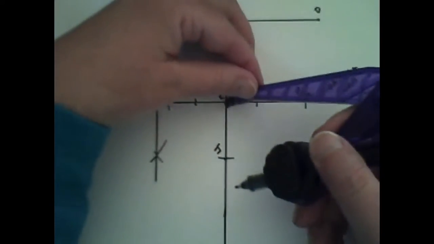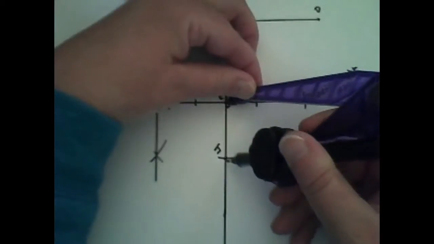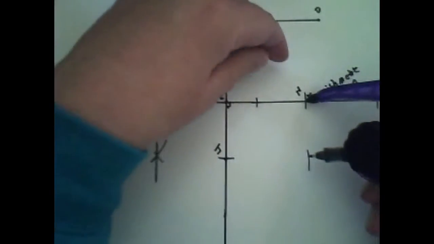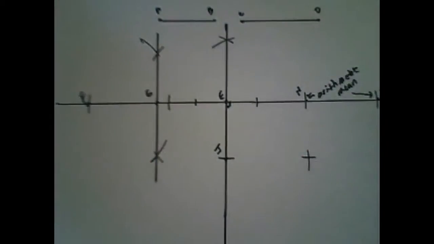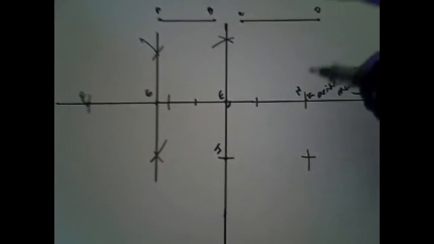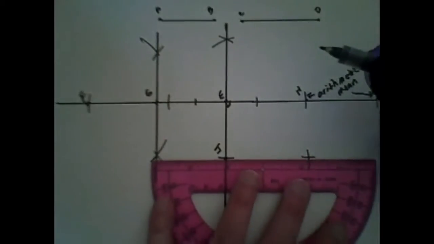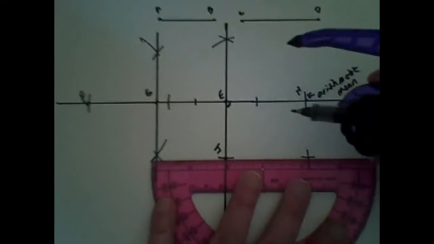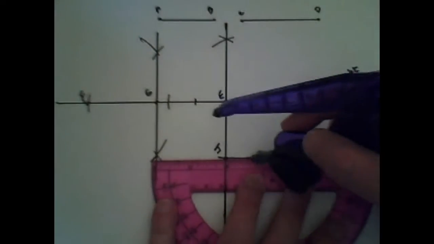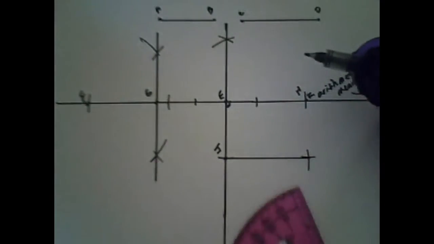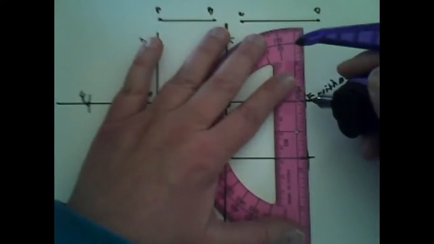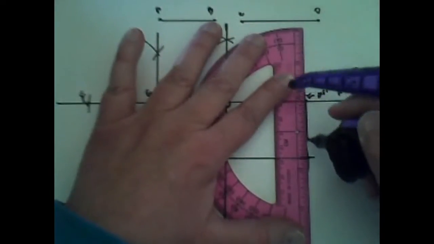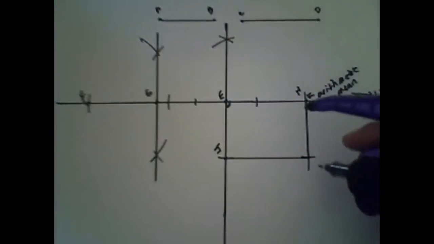And I know that the length from E to J has to be the same as the length of this side of the rectangle, so I'll copy that there. And I've got a rectangle. Let me go ahead and draw it in so you can see it a little more clearly. I've got a rectangle that has vertices at E and H and J, and I guess we'll find another letter of the alphabet to call this vertex L.